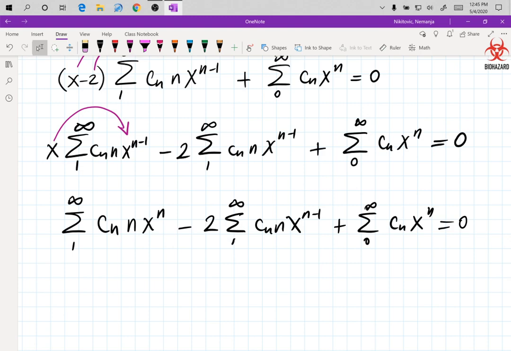So I can match this and this term in one shot instantly by peeling off a term from here.